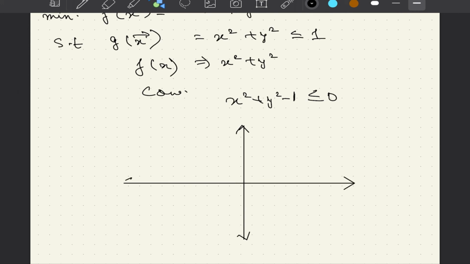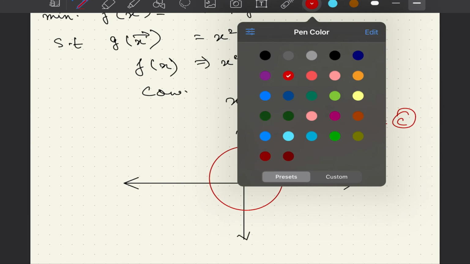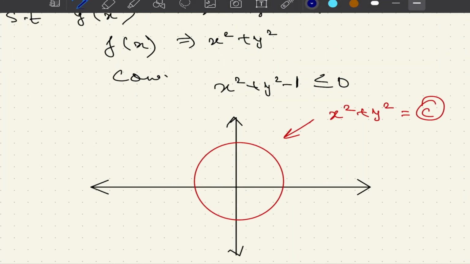So we will draw our objective function in red, as we want to minimize the value of x square plus y square. This is our circle centered at 0, and we want to find the value of c that is minimum for this function, but it is subjected to another constraint which says that x square plus y square minus 1 has to be less than or equal to 0.